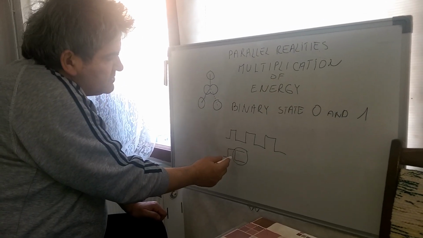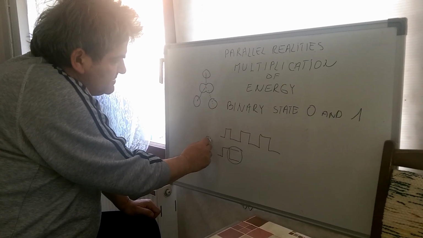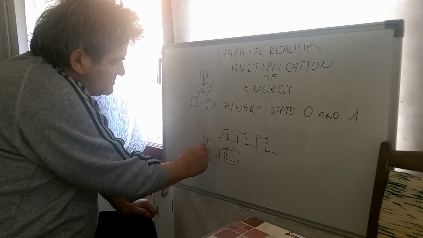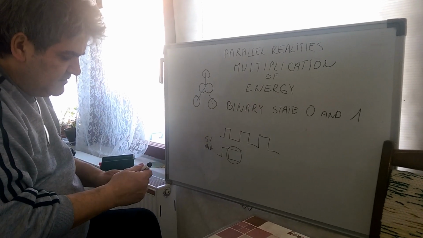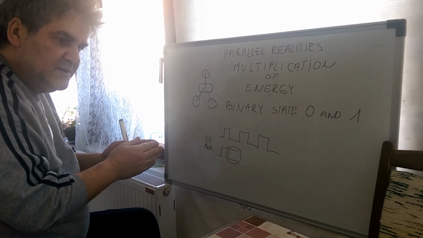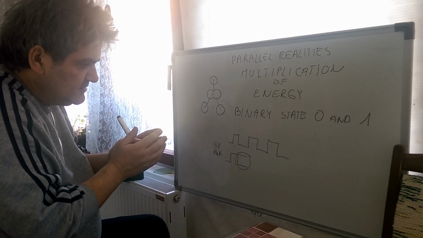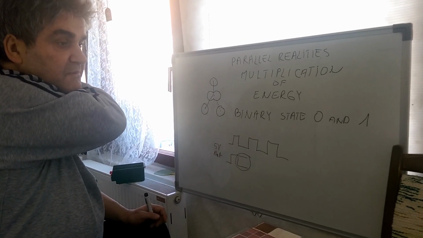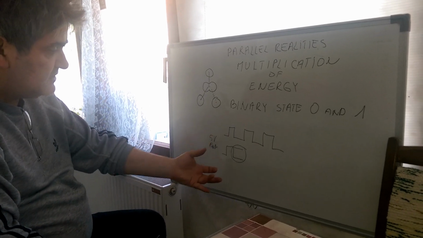But if we use, let's say, a 5 volt pulse and 10 milliamps, it is low energy for creating realities, and so hard to detect, because the time is short, and maybe we are not able to detect and take energy from it.